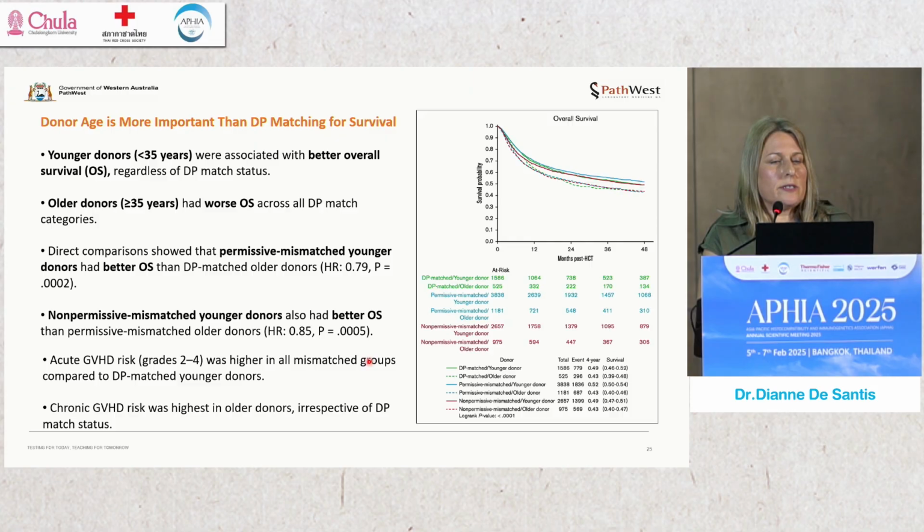Acute GVHD risk was high in all mismatched groups compared to DP matched younger donors, and chronic GVHD risk was highest in older donors, irrespective of DP match status.